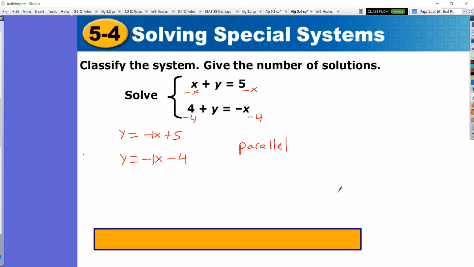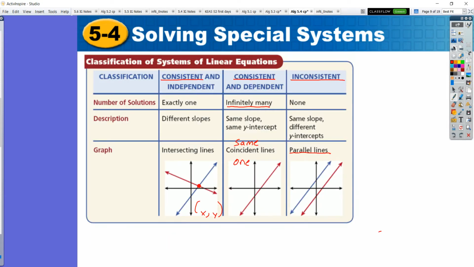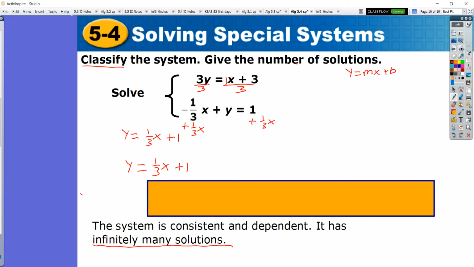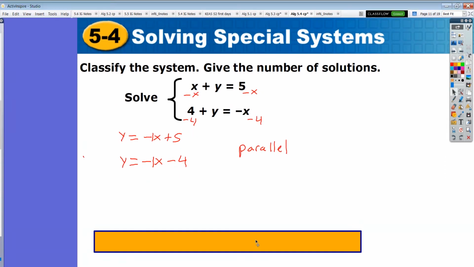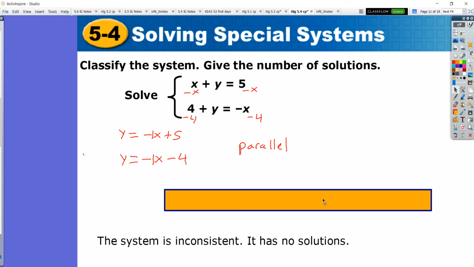If you wanted to, we could flip back and take a look at the chart just to see what we got. Same slope, different y-intercepts gives us parallel lines. That's going to make it inconsistent. So that's what we would call this. We would say the system's inconsistent, and we have 0 solutions. These lines will never cross.